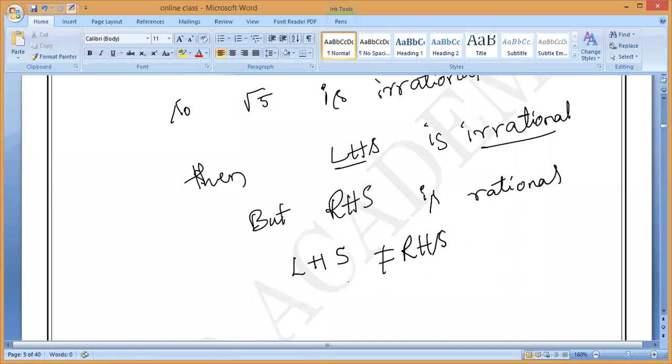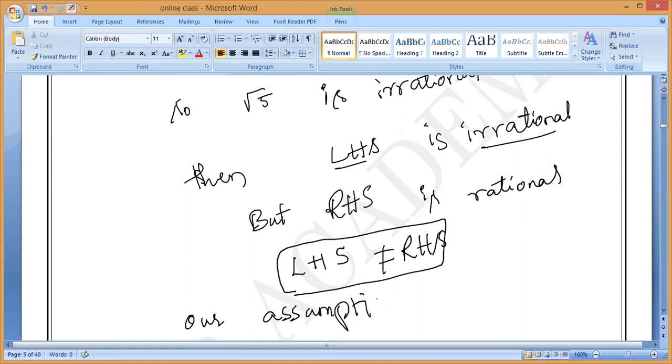This is a false statement, correct? A false statement means our first assumption is wrong. So what can you say? Our assumption that 3 plus 2 root 5 is rational is wrong.